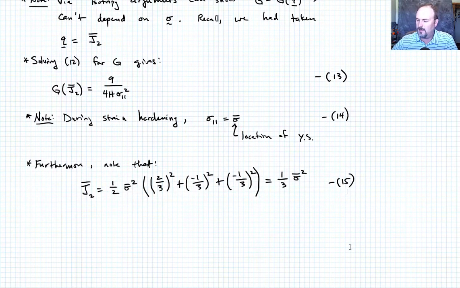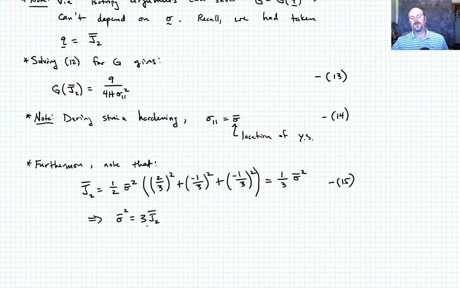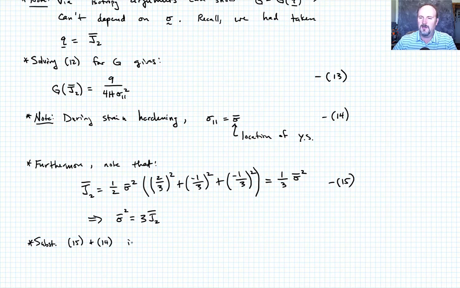We could write it in a little bit of a different way, and say that implies that also sigma bar squared is equal to 3 times J2 bar. Okay, those are equivalent statements. So now I'm going to just substitute equation 15 into equation 13, well, via 14, right? So let's just say substitute 15 and 14 into 13.